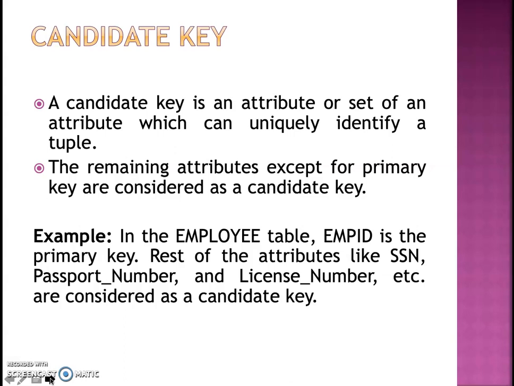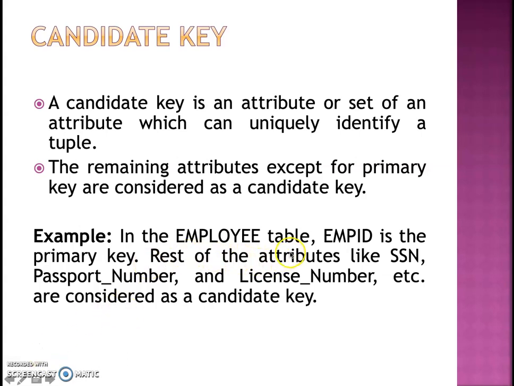Candidate key is an attribute or set of attributes which can uniquely identify a tuple. The remaining attributes except the primary key are considered as candidate keys. Let's understand candidate key with an example.